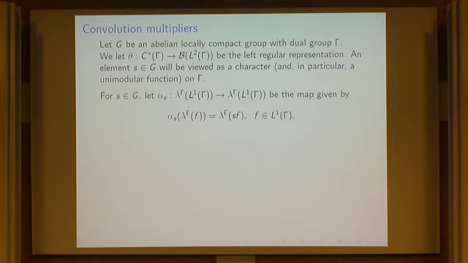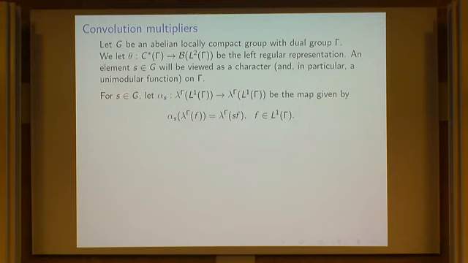For example, start now with an abelian locally compact group G with dual group gamma, let's say. And let me consider theta, the left regular representation of the C-star algebra of gamma, of the dual group, on L2 of gamma. Now, every point from the group G, of course, can be viewed as a function on gamma, by duality. And therefore, I can consider the following map.